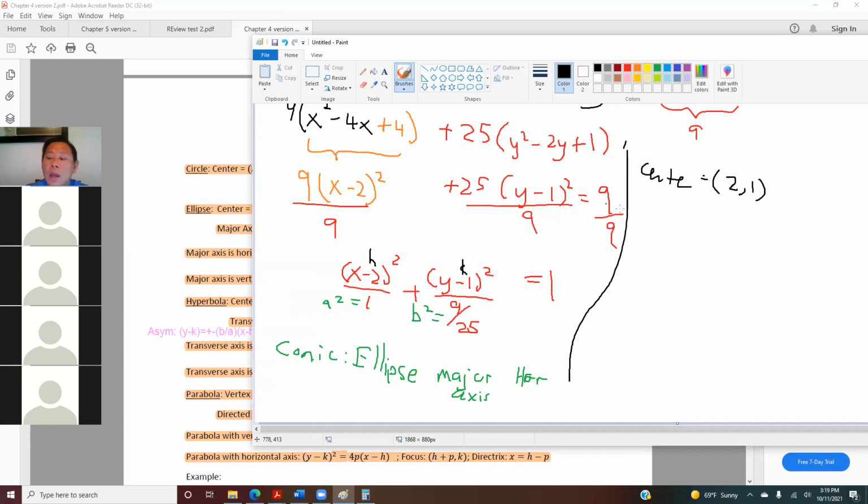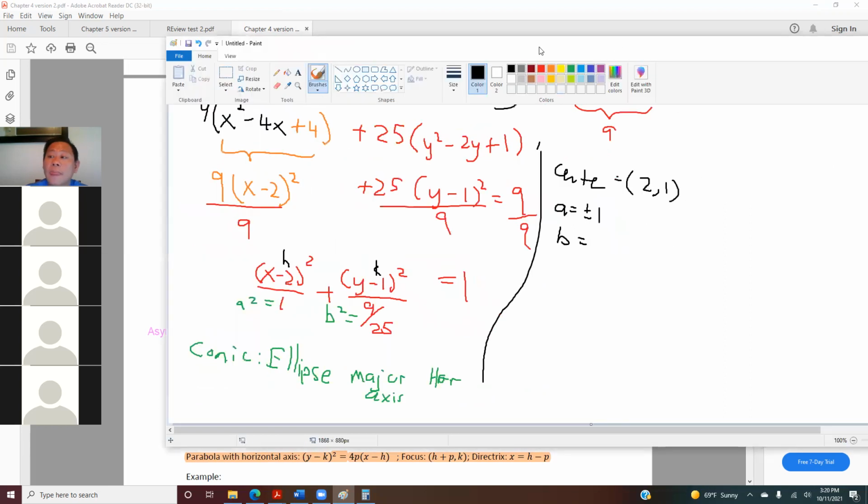And A in this case is plus and minus 1. B in this case is plus and minus 3/5, which is the square root of 9 over 25.